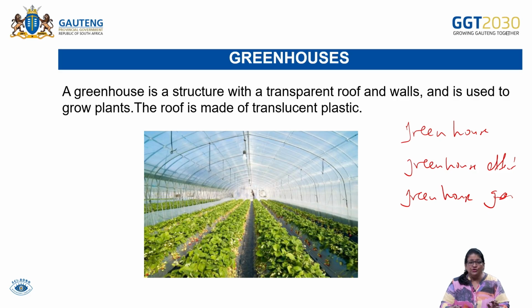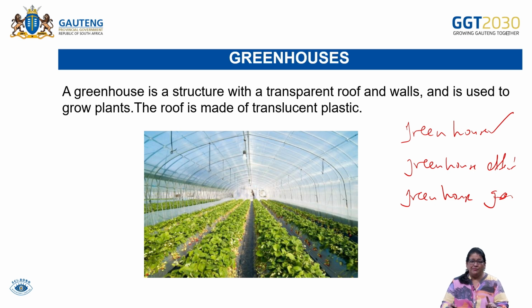Because the roof is translucent, light can come through. Not so transparent as in clear, but translucent, light must come through it. Okay, and you find the plants are growing inside, and because all the plants are inside, it's called the greenhouse. So that's the greenhouse you are looking at in front of you.